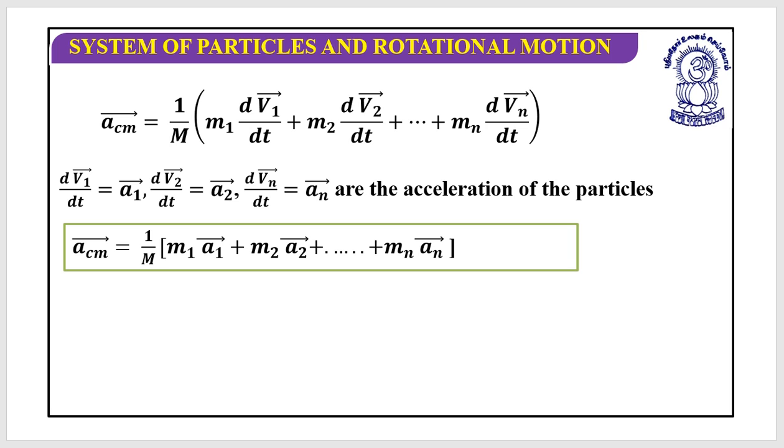Got this? So ACM could be written as m1 dv1 by dt plus m2 dv2 by dt up to mn dvn by dt, into 1 by m. While writing this, ACM is equal to m1 a1 plus m2 a2 up to mn an upon m. I hope this is clear.